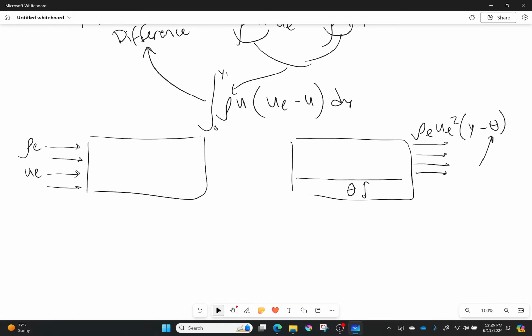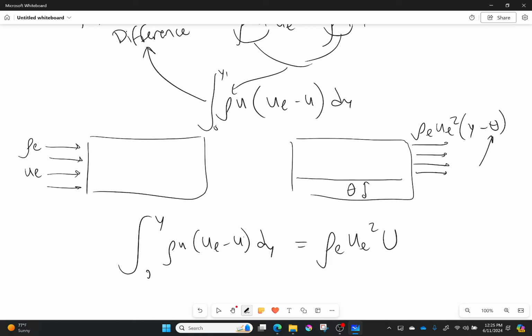So I'll write that out. I say integral from 0 to y, rho u, ue minus u, dy is equal to rho e ue squared times the momentum thickness.